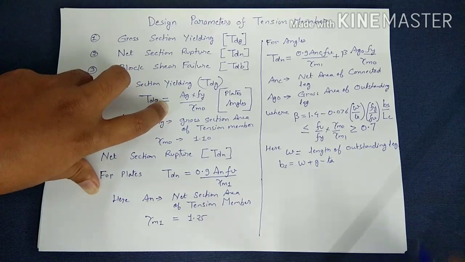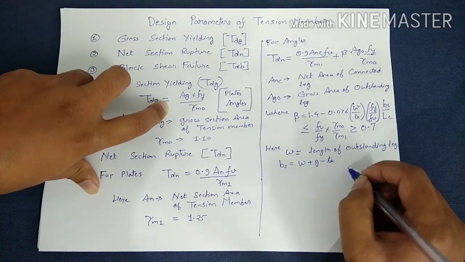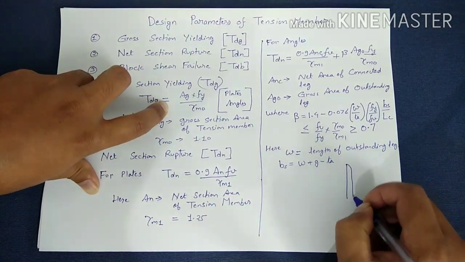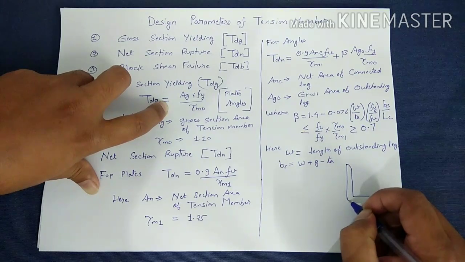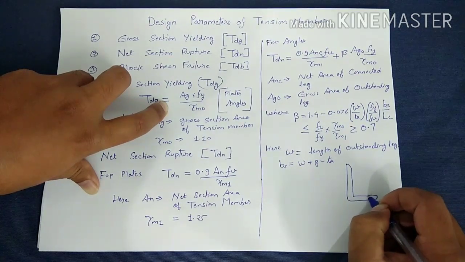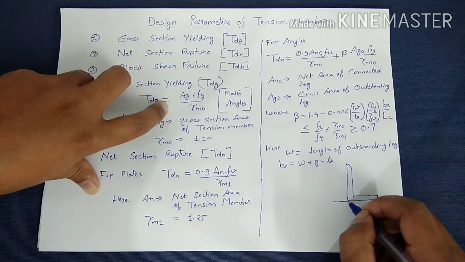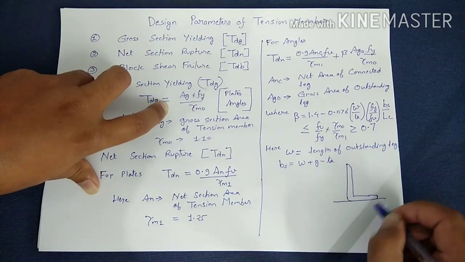For better understanding, we will draw a simple angle somehow like this, connected with one leg.